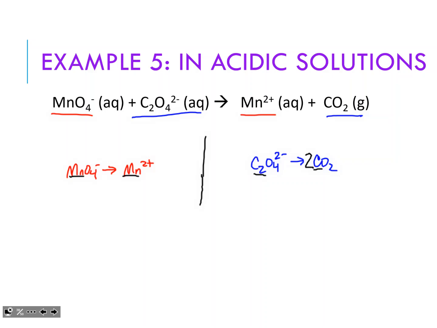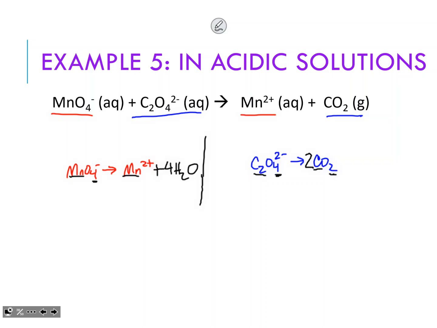Okay, now we can go to oxygen. Oxygen's next. So what do I need to add over here? 4 waters. Good. Because I have 4 oxygens over there. Look over here to the oxalate side with the carbon dioxide. We have 4 oxygens here and 4 oxygens here.